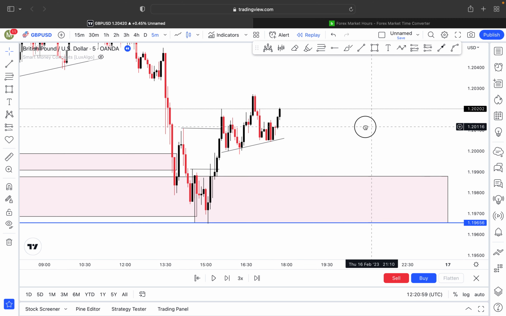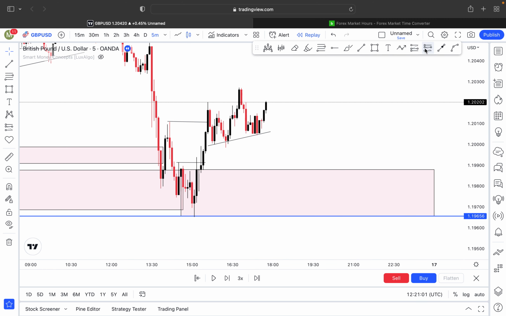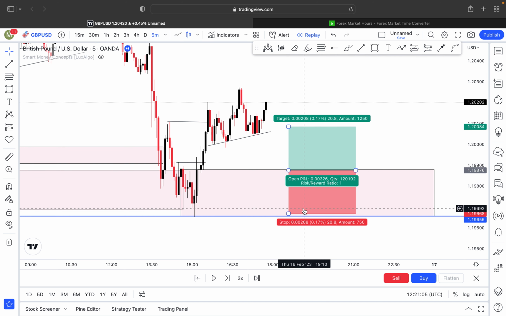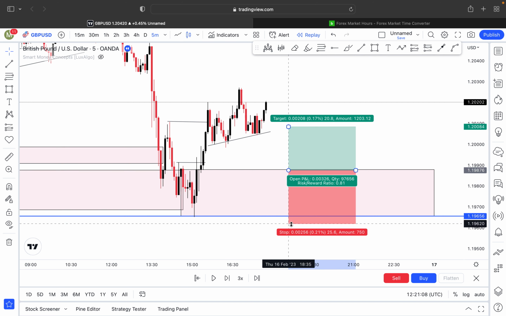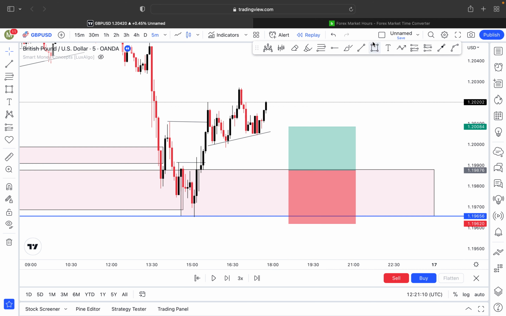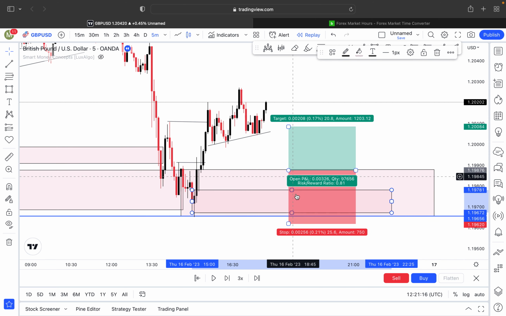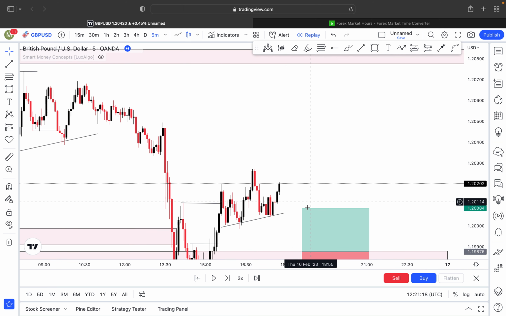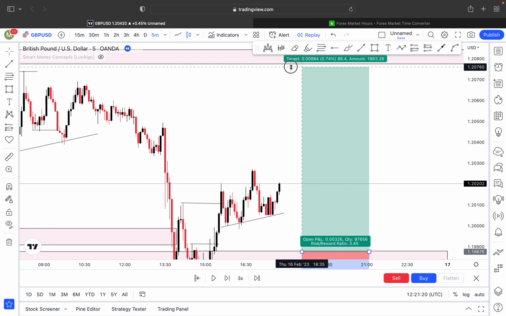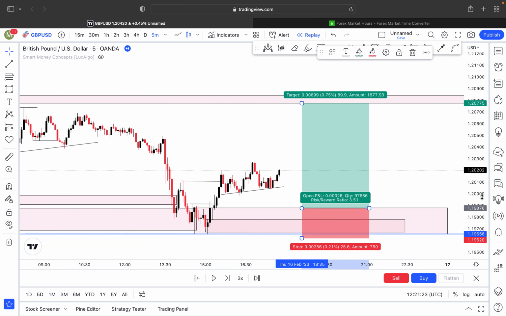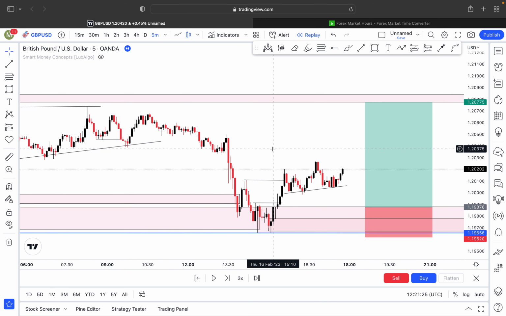So my entries will be somewhere around here, and I will have another confirmation entry somewhere around here. So I have my risk entry here and confirm entry here, targeting areas left unmitigated by participants in the market, by demand.